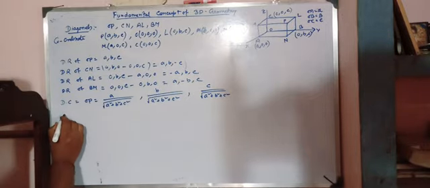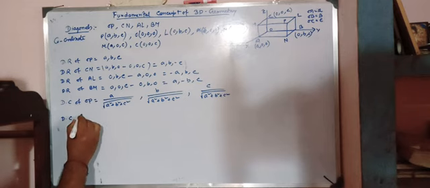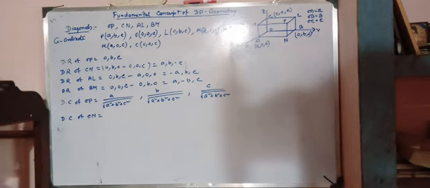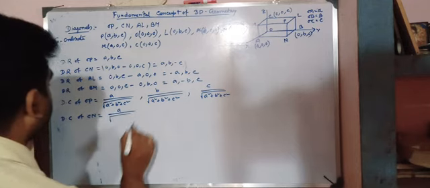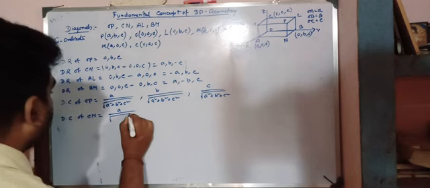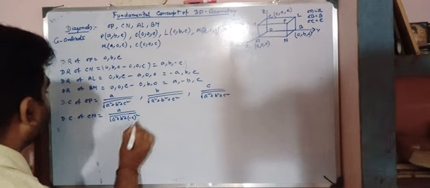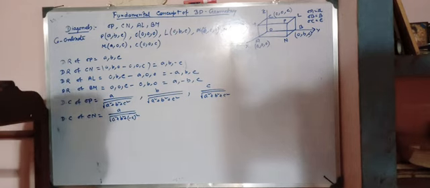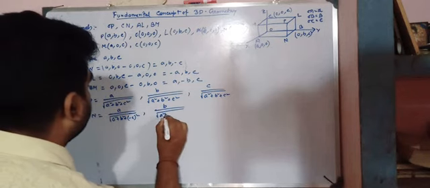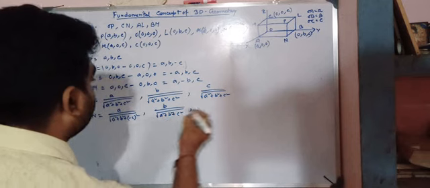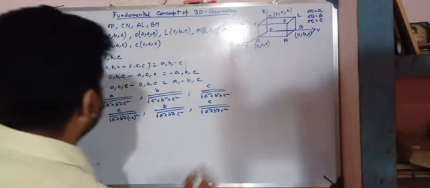Direction cosines of CN are a by root over of a square plus b square plus c square, b by the same root, and minus c by the same root.